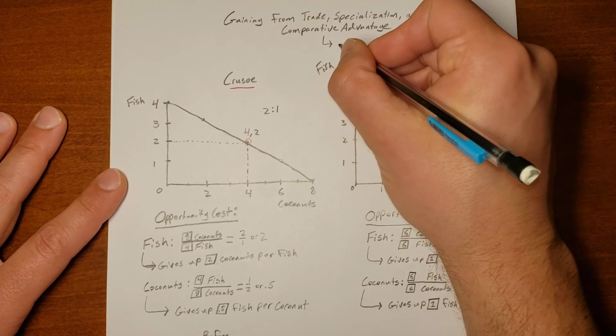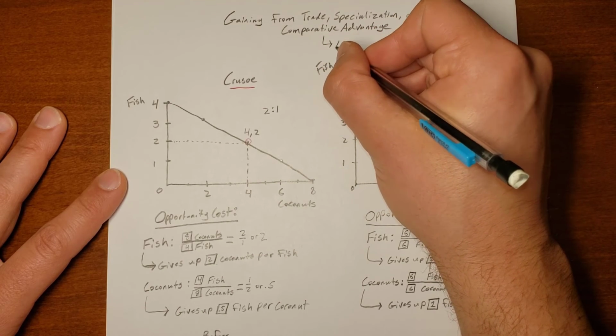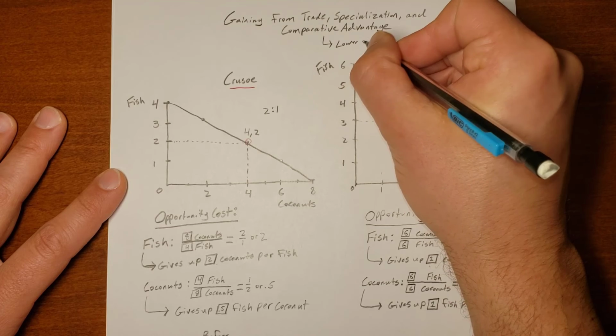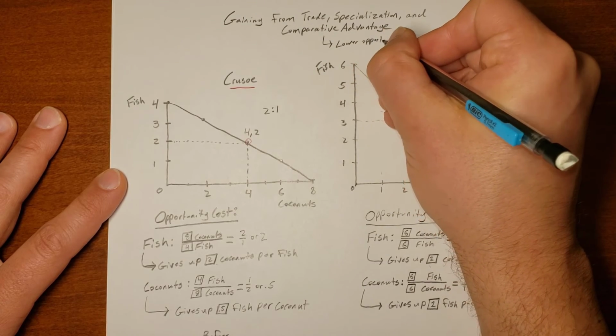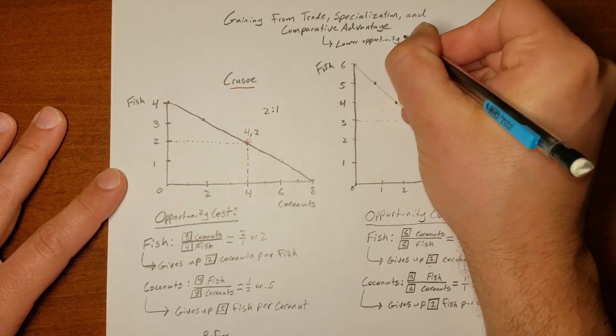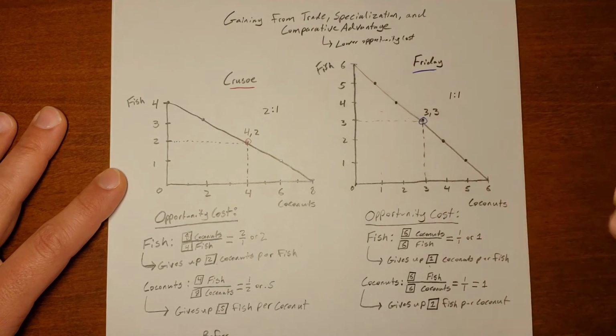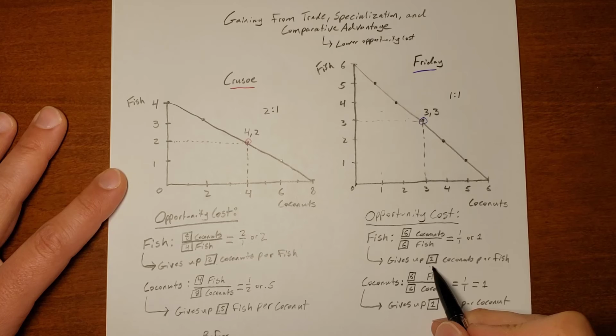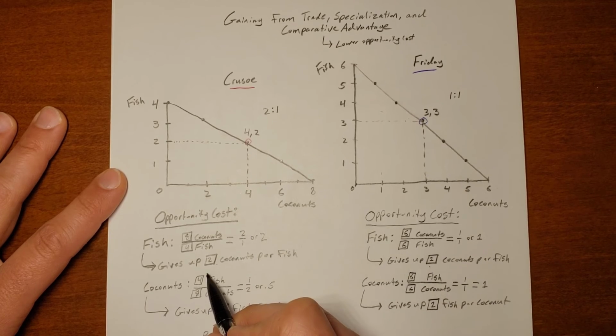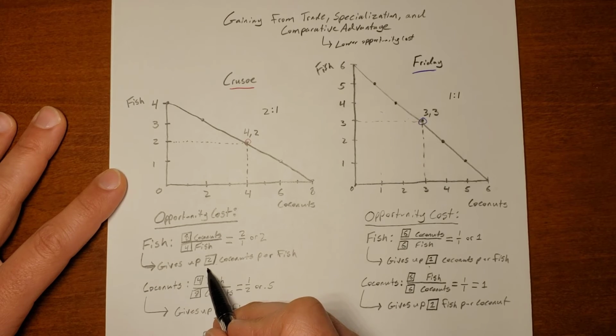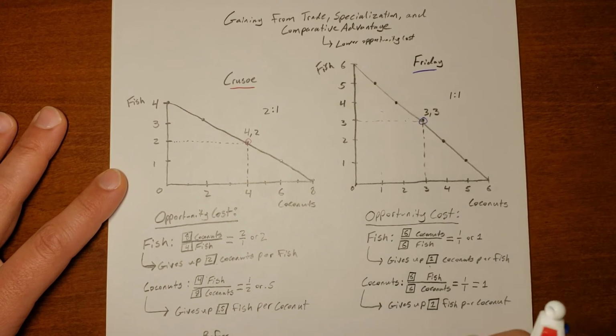Comparative advantage means relatively lower opportunity cost. So who has the relatively lower opportunity cost? Well, clearly it is Friday. Friday only gives up 1 coconut per fish, whereas Caruso is giving up 2 coconuts per fish. So Friday is going to have the comparative advantage in the production of fish.